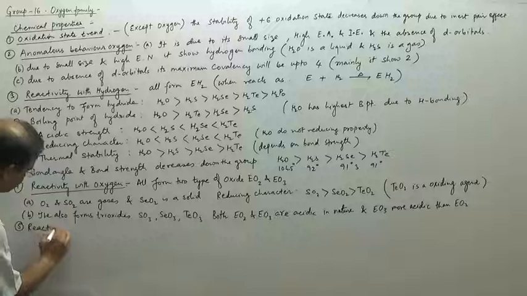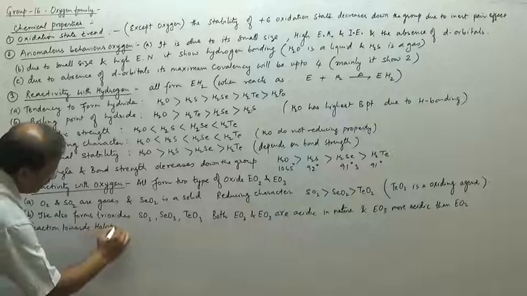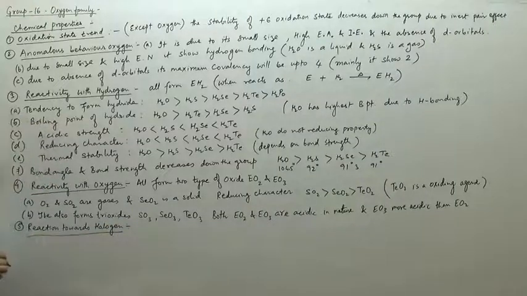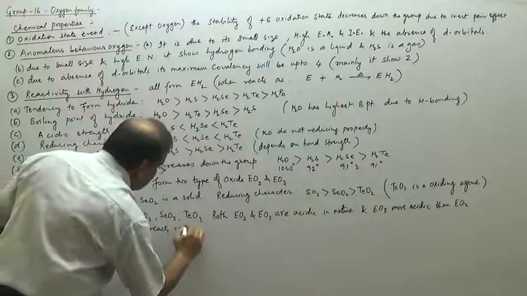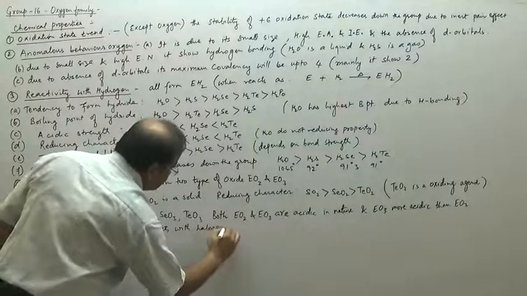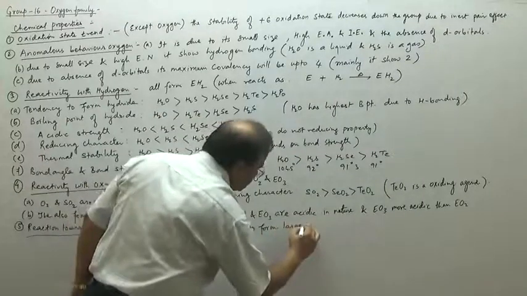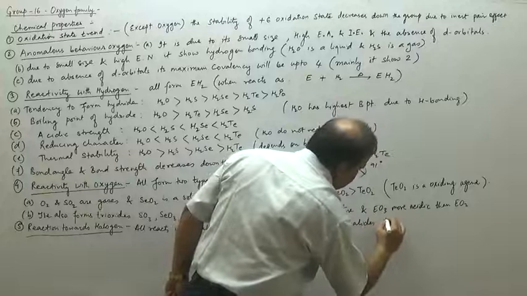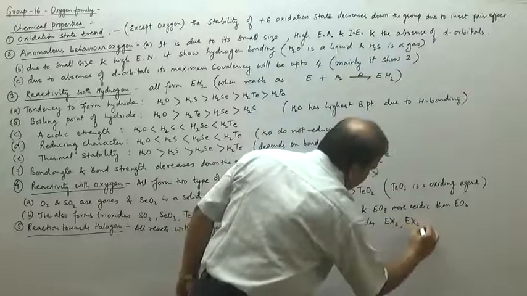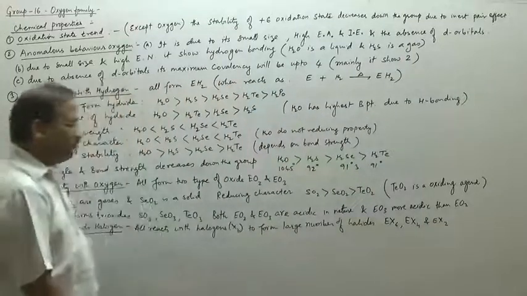All of them react with halogens X2 to form a large number of halides, and the halides are like this: EX6, EX4 and EX2.